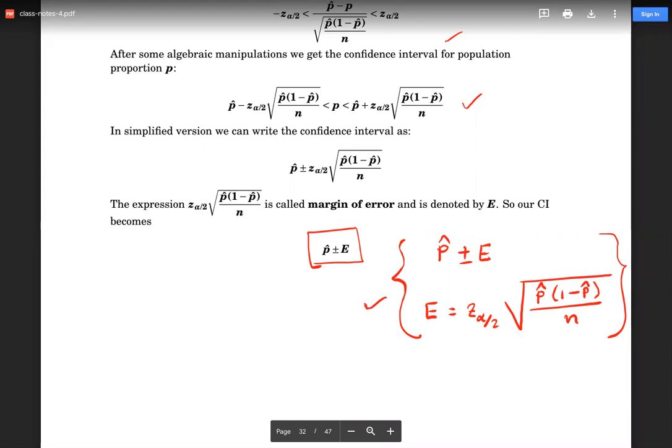So I'll give you a little bit of theory, which I did already, on how you convert the central limit theorem for the population mean into the central limit theorem for population proportion.